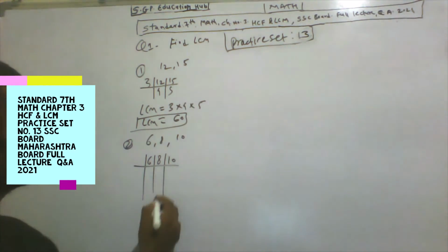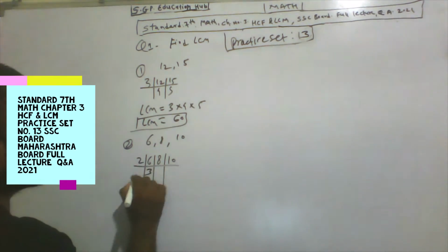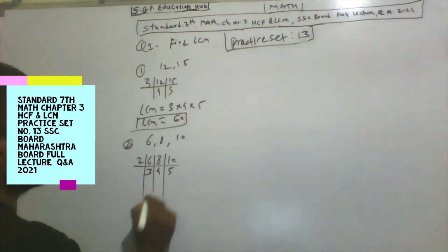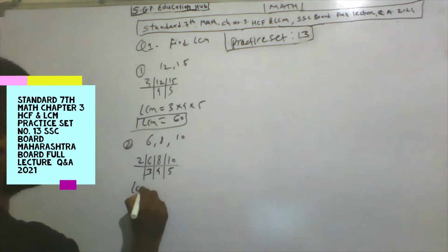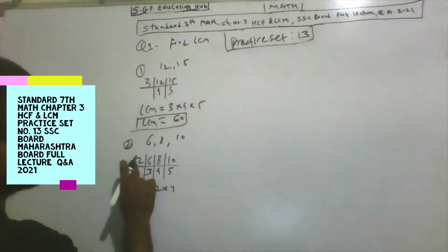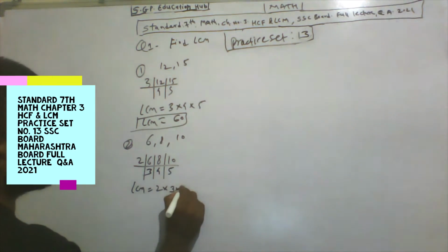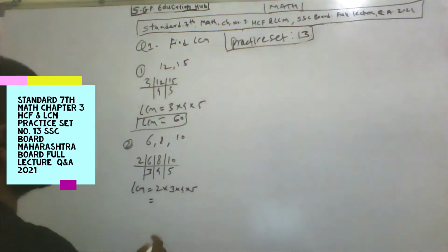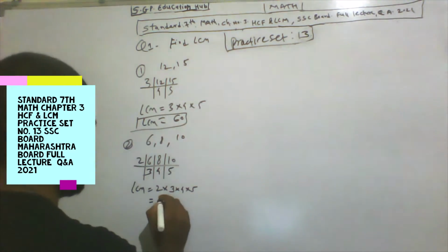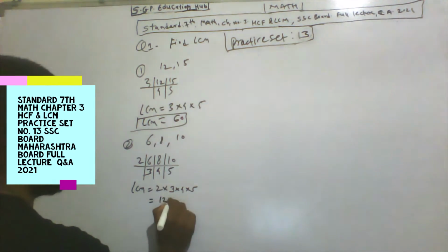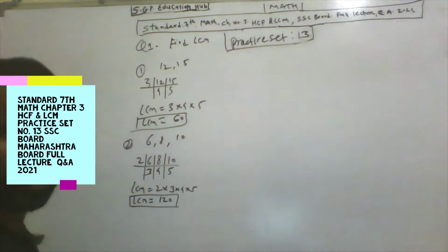All three are even numbers, so divide by 2: 3, 4, 5. Now these can't be divided by any other number, so LCM is 2 into 3 into 4 into 5. 2 into 3 is 6, 6 into 4 is 24, 24 into 5 is 120. 120 is the LCM.